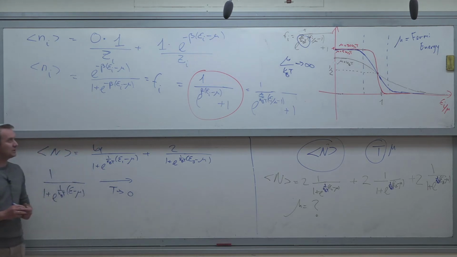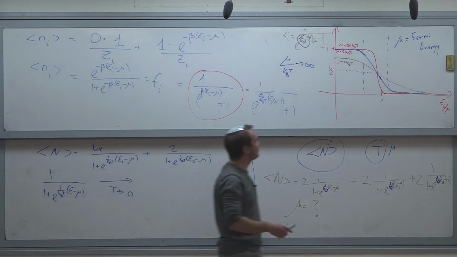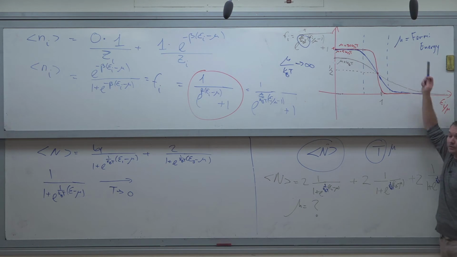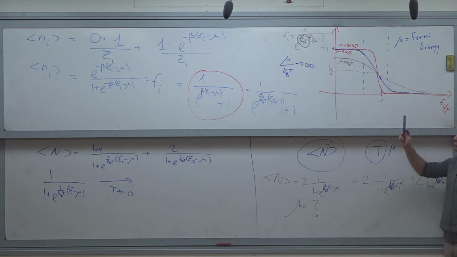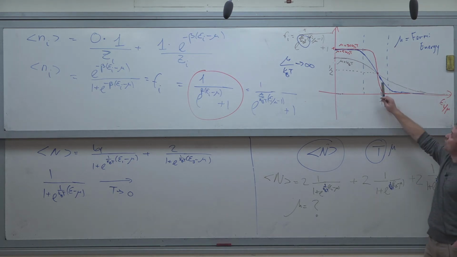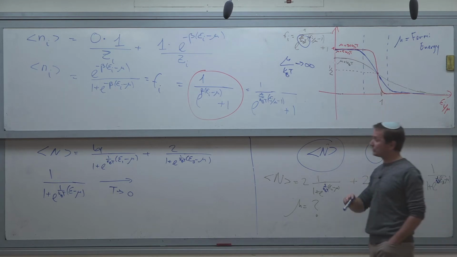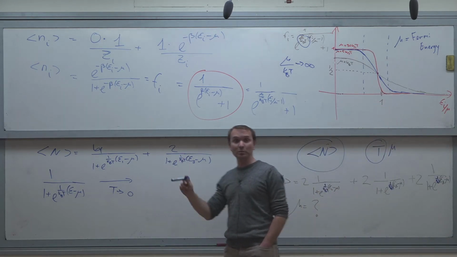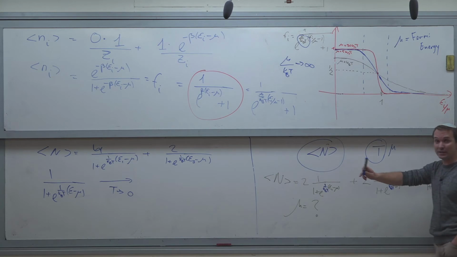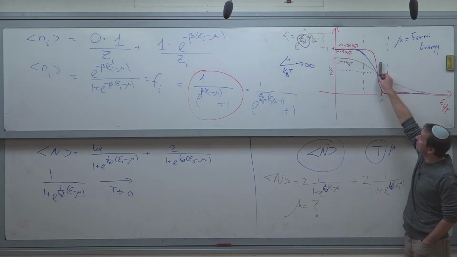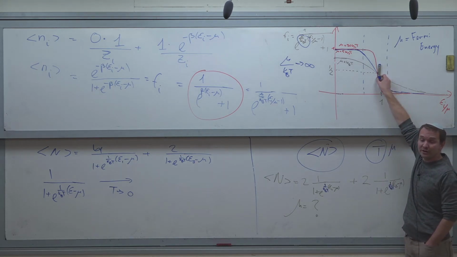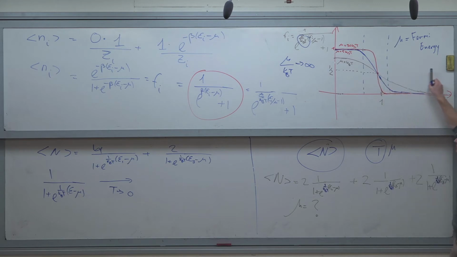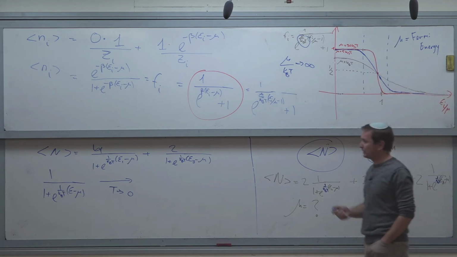Because at least let's find the Fermi energy, or Fermi level as it's sometimes called, for this limit of very small temperatures. Why is it most important there? Because for small temperatures, everything up to the Fermi energy is occupied, and everything above the Fermi energy is unoccupied.